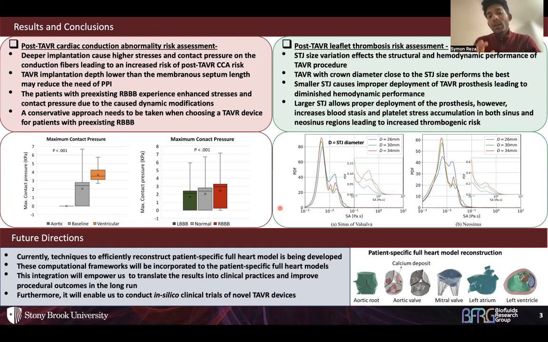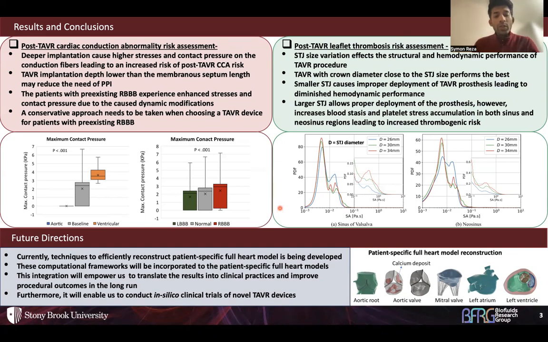However, it comes with a cost. The cost is it increases the blood stasis and also the platelet stress accumulation, which gives us a really good understanding of why patients with larger STJ or aortic outflow tract size tend to develop higher thrombosis on the leaflets. So that's that.